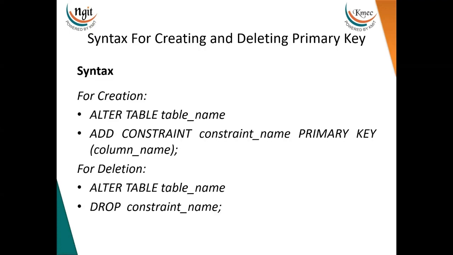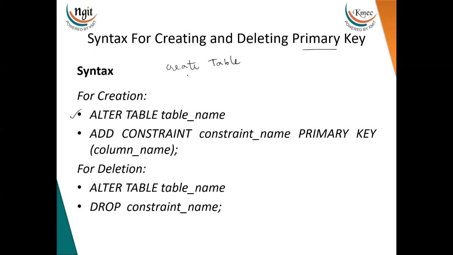The syntax for creating and deleting the primary key. There are two ways in which you can create the primary key. One is when you are creating a table or a relation. During the creation itself, we can define the primary key for an attribute. If the table is already created and the attribute is not identified with the primary key, later on you can add the primary key to that attribute by using alter as a command.